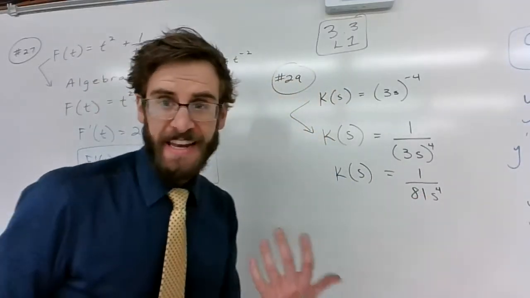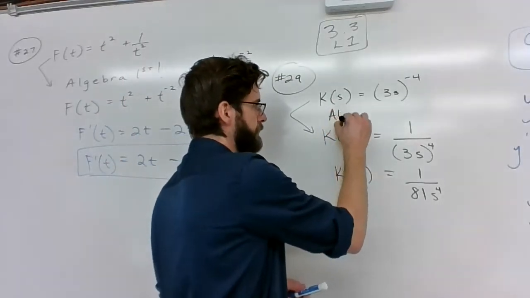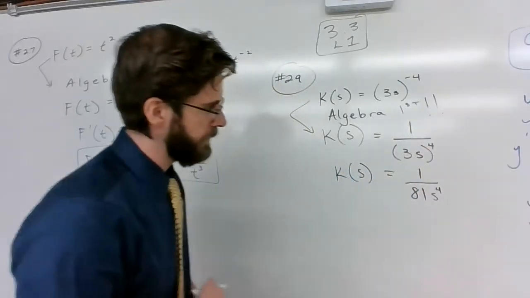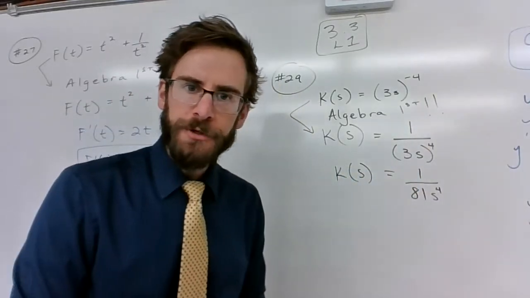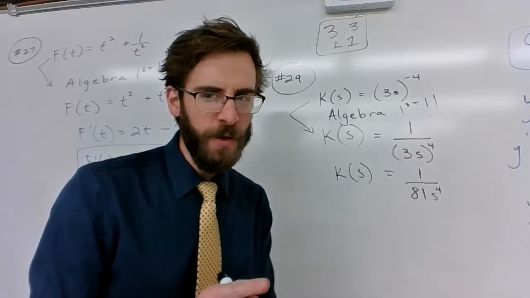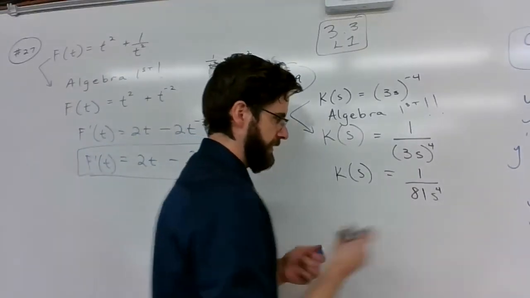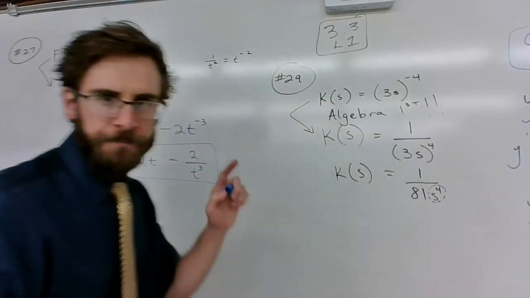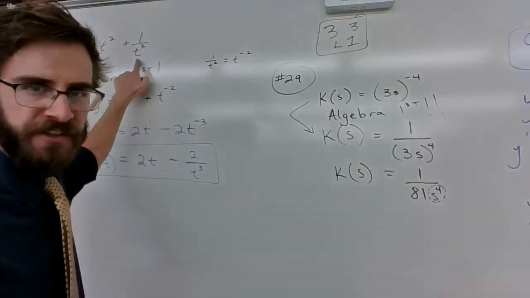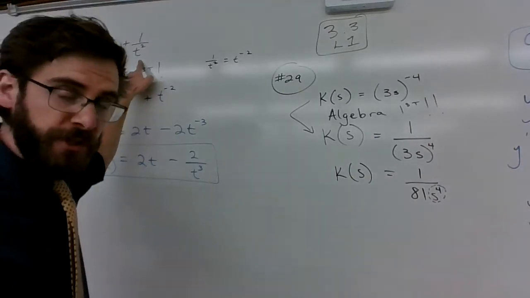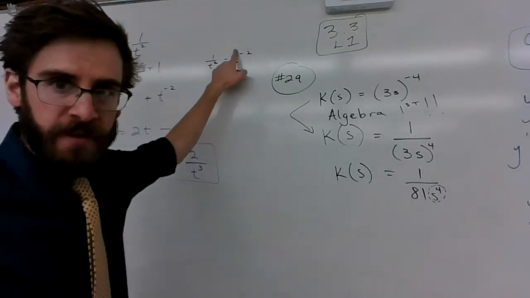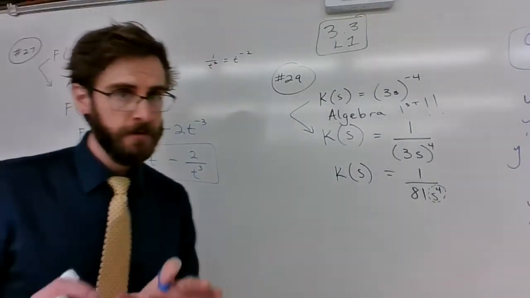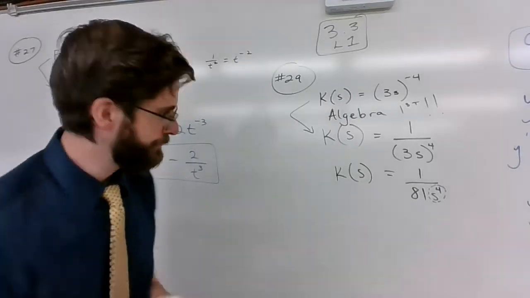All right, so this is still an algebra first strategy. And you know what? I'm going to do some more algebra here. This seems kind of weird, but this s to the 4 that's on the bottom is a lot like the t squared that's on the bottom right here. What did we do with the t squared that was on the bottom? We rewrote it as t to the negative 2, because that would allow us to do power rule.